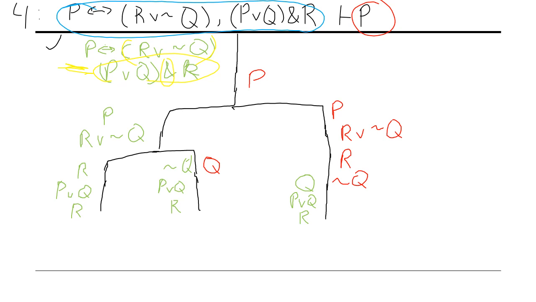So what makes a wedge true is where one of them is true. Got to do the same thing everywhere.